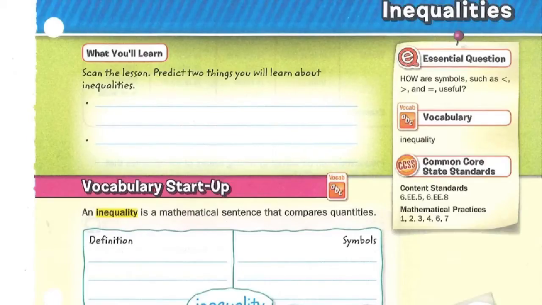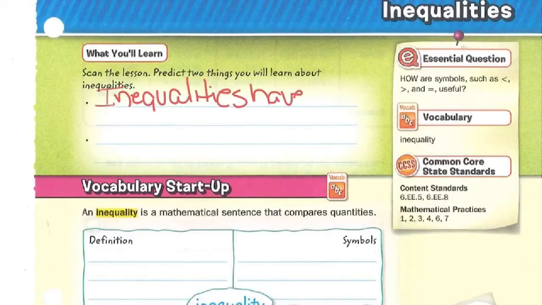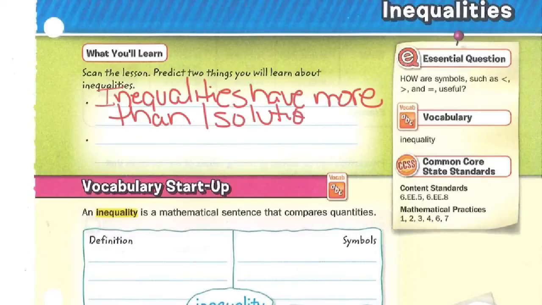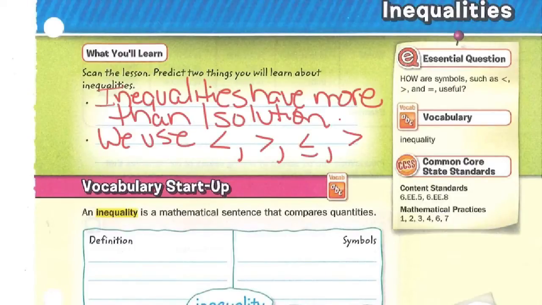Two things that you should learn during this lesson are that inequalities have more than one solution, and we use the symbols less than, greater than, less than or equal to, and greater than or equal to when we talk about inequalities.